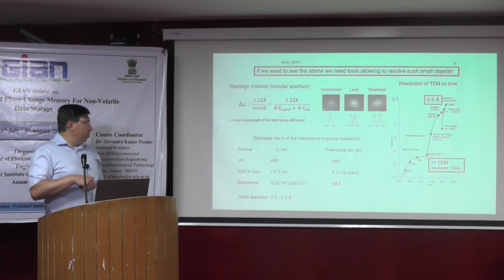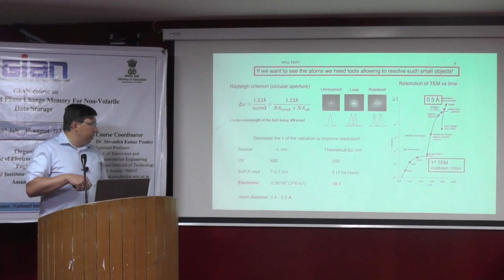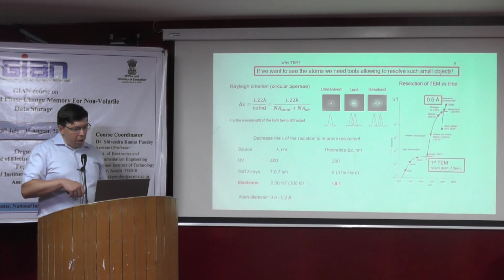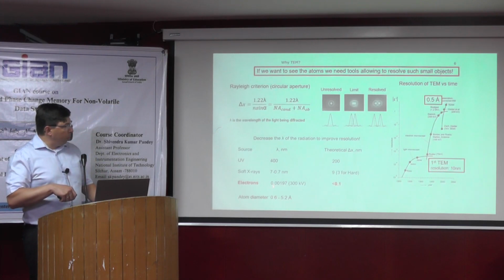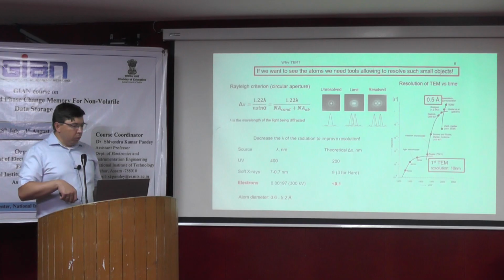In the case of electrons, the wavelength can vary, but if we use an electron energy of 300 kilovolts, we have a wavelength of 0.00197 nanometer, so we can resolve objects with spacing less than 0.1 nanometer.